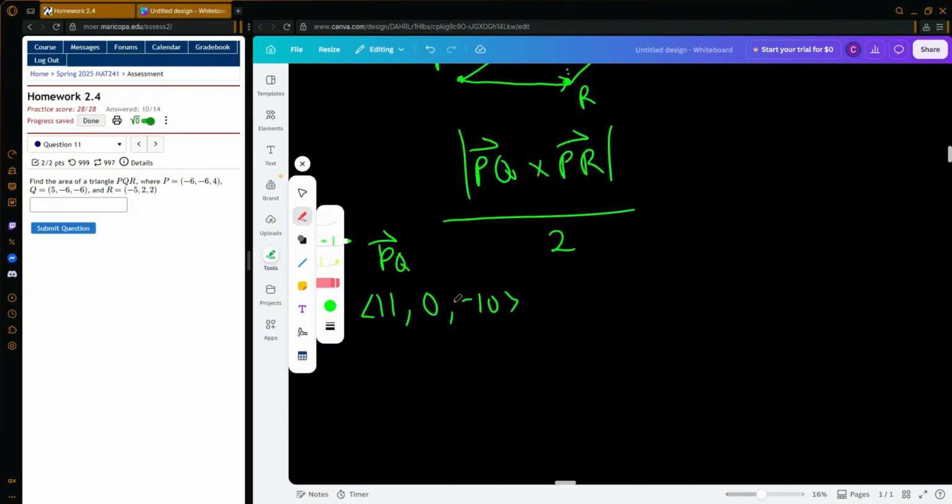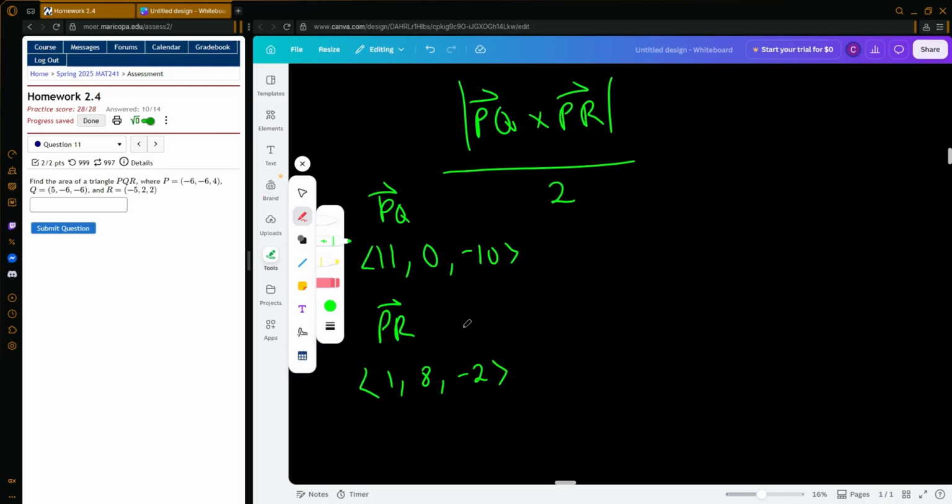We'll find the vector PR. So it's going to be R minus P. So negative 5 minus 6 is going to be 1, 2 plus 6 is 8, 2 minus 4 is negative 2.